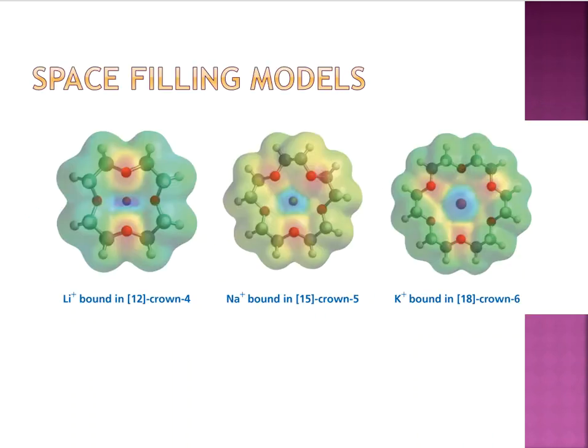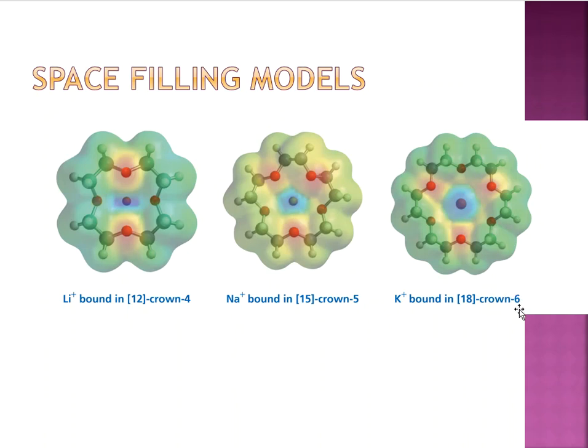Here's a space-filling model of different crown ethers. So here's lithium that's bound with 12-crown-4. Here's sodium that's bound with 15-crown-5. And here's potassium that's caged with 18-crown-6.